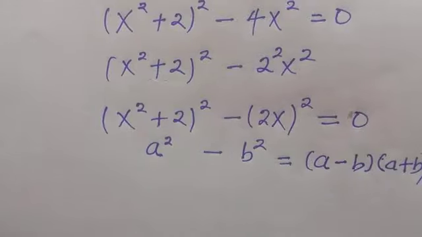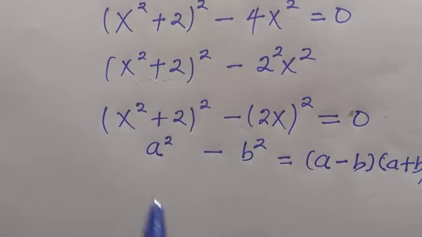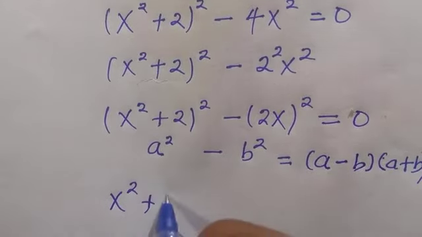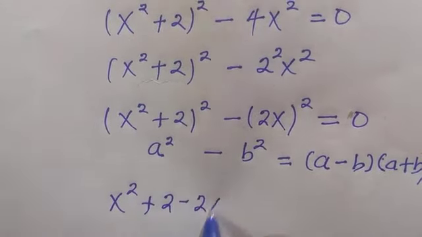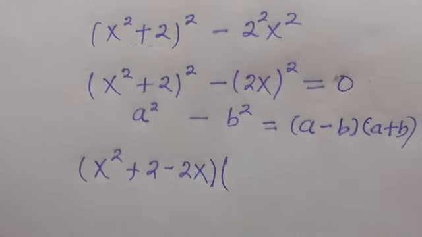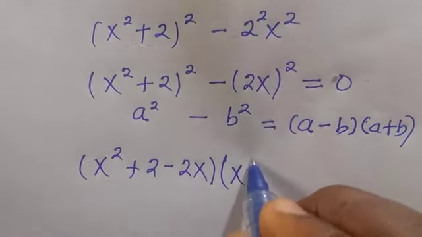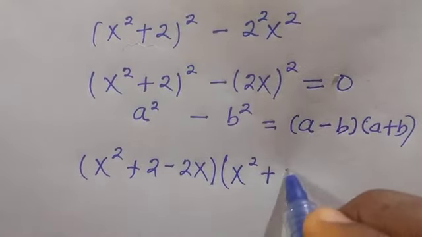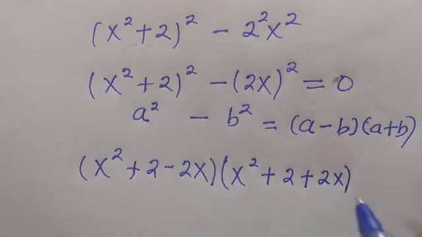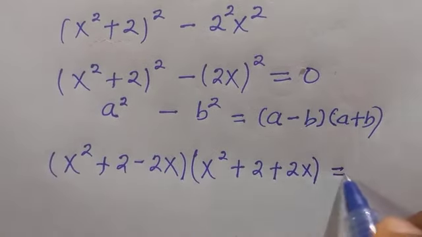As a is x squared plus 2, we are going to have (x squared plus 2 minus 2x) for the first one, while the second one is (x squared plus 2 plus 2x), all equals 0.